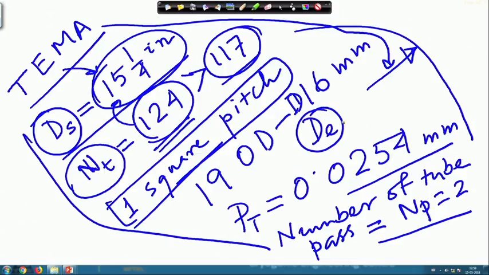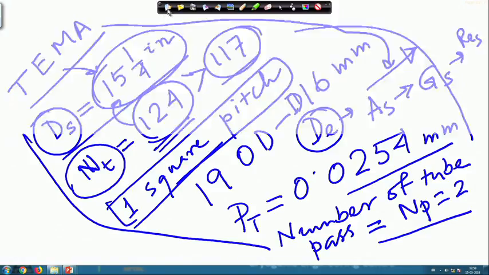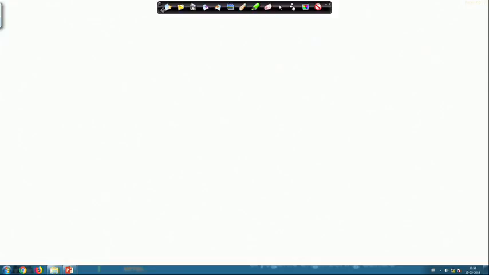We have to estimate the d_E value again, we have to estimate the A_S, then we have to estimate the G_S. From there we will be able to calculate the Re_S, and from there we should estimate the overall heat transfer coefficient and the pressure drop, and then we will be able to justify whether the required pressure drop and the heat transfer is achieved or not.